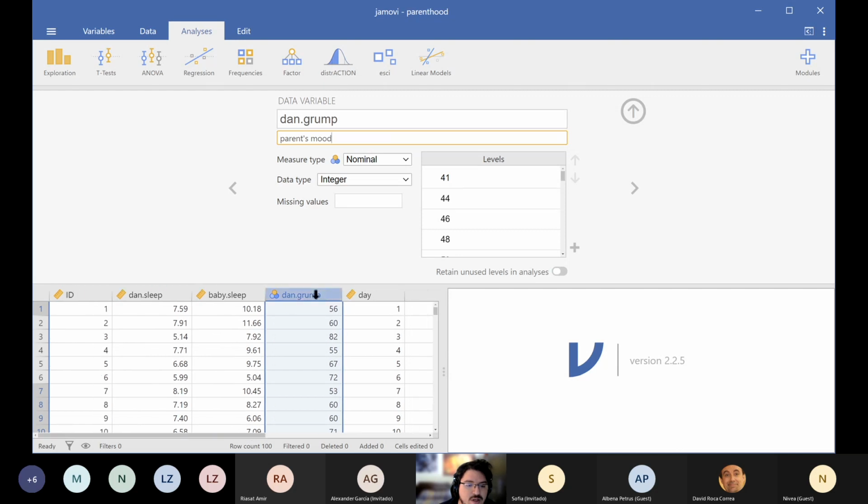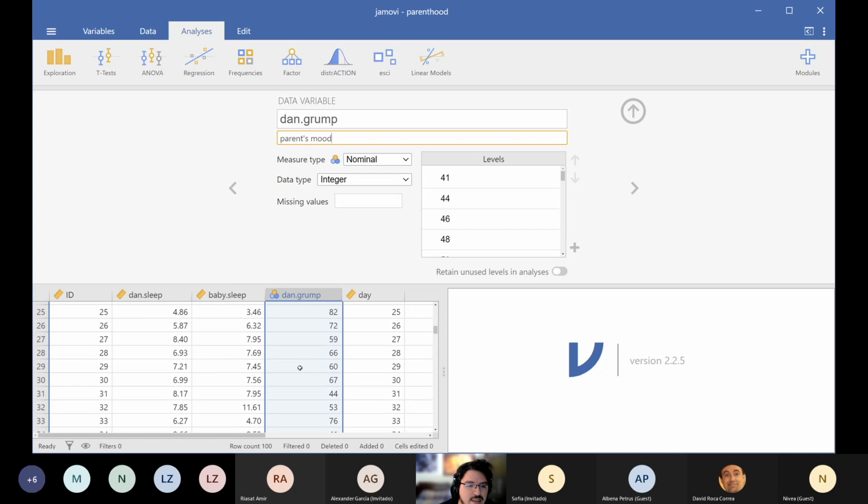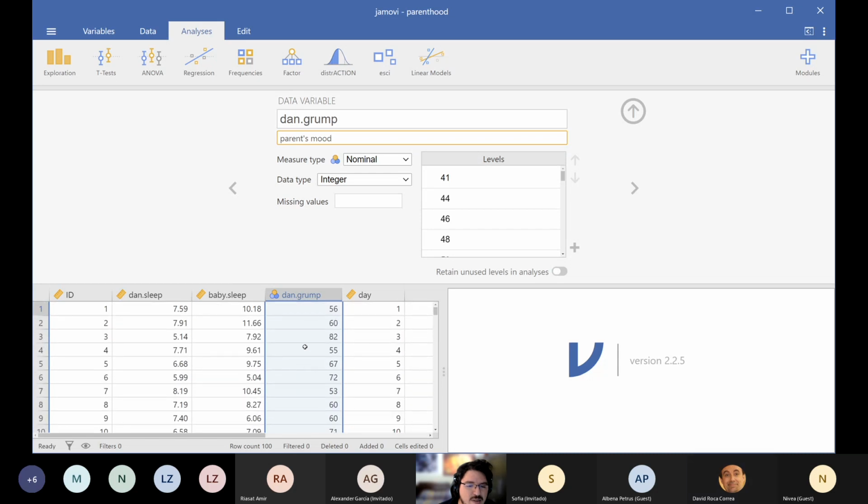And what you can do here is, first off, notice that grumpiness perhaps should be considered continuous, not just nominal. And it's up to you to decide what should be the predictor and what should be the dependent variable.